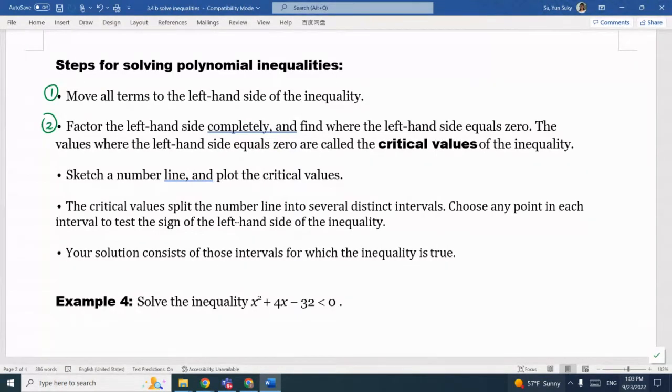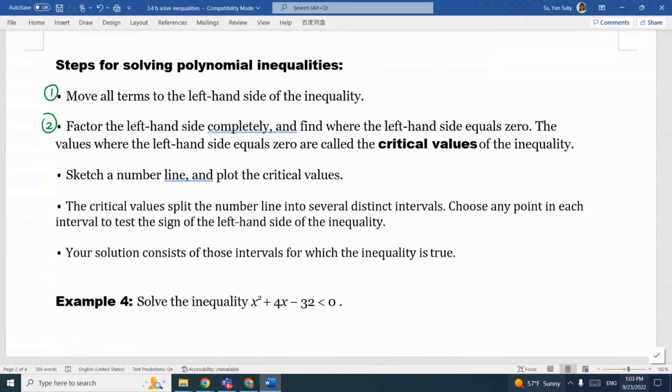So we are looking for the zeros or roots of the function on the left-hand side. The values where the left-hand side equals 0 are called the critical values of the inequality. Critical value because it really matters. Whether x is less than or greater than that number, the sign will change. That's why they're very important numbers. Critical values determine whether the function will change signs.